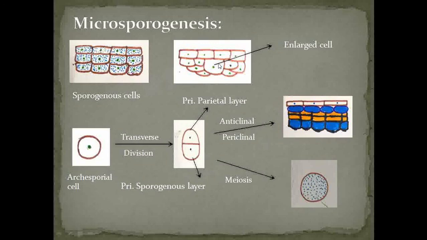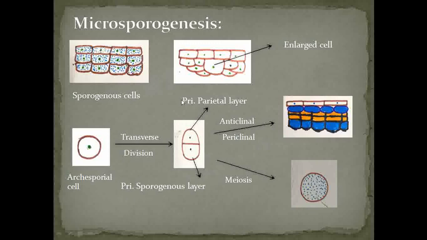Now this enlarged cell becomes active, functions as an archesporial cell and undergoes transverse division. After the transverse division, it forms two layers: the upper cell is called the primary parietal layer, and the basal cell is called the primary sporogenous layer.